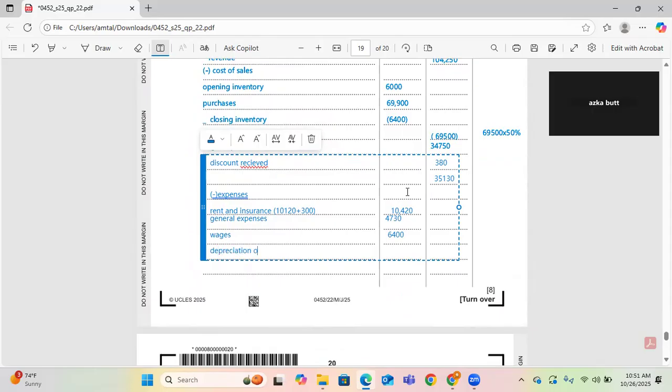Depreciation on fixtures: the cost was 28,000 multiplied by 20 divided by 100, so it will be equal to 5,600.